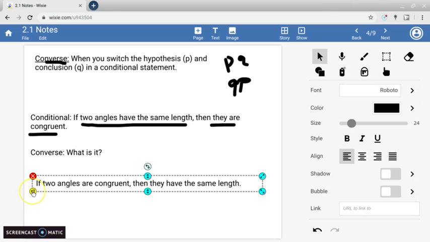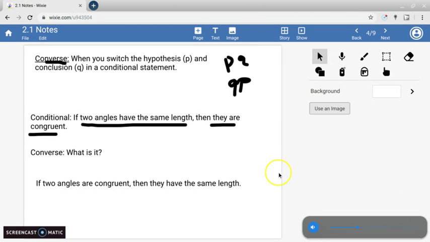You see? Listen. If two angles are congruent, then they have the same length. You hear that? Good. I reworded it a little bit, and I put the two angles first so that you would know what it was talking about when they got to the they. So that's how it is.